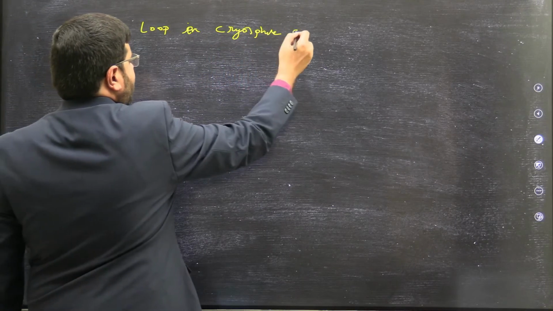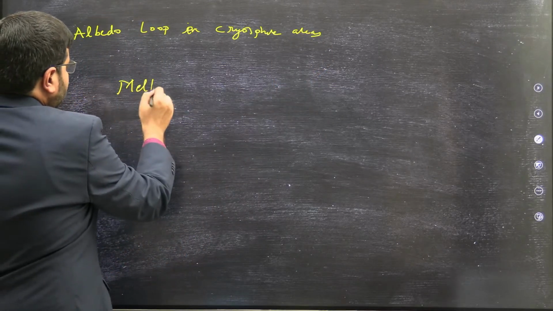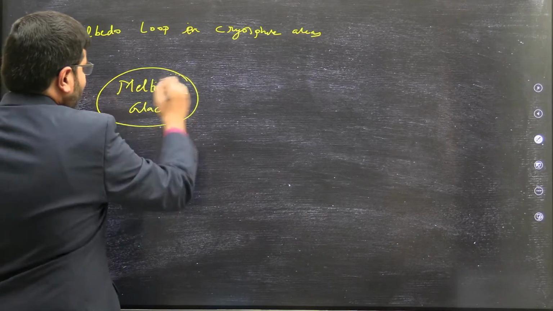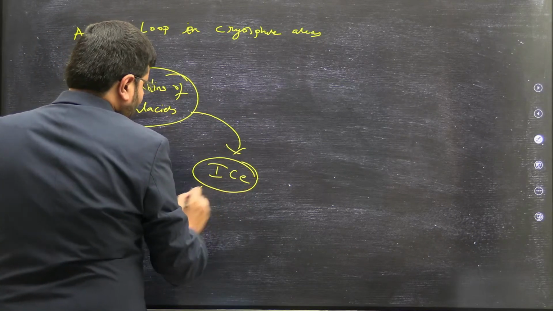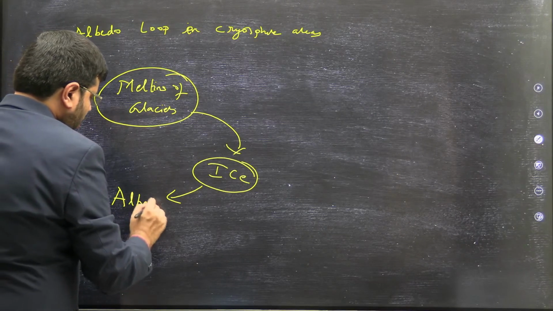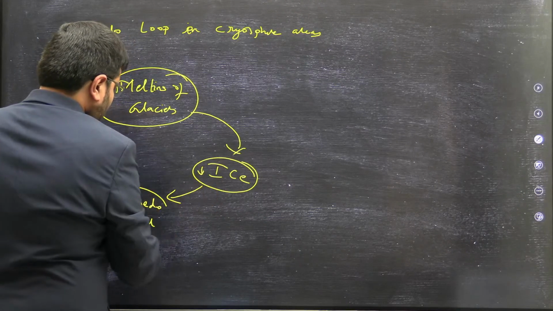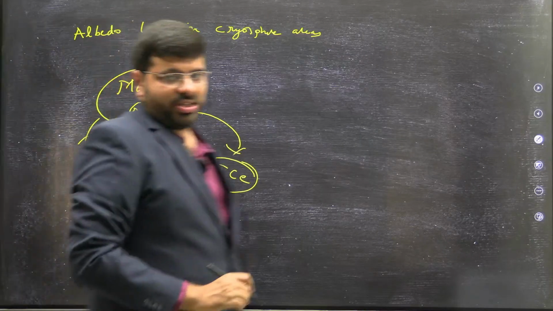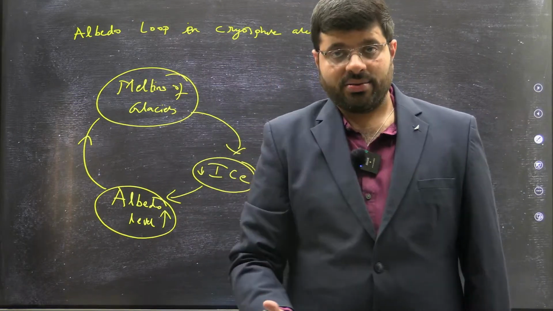Now what happens? There is melting of glaciers. Because of the melting of glaciers, there is less ice, so the albedo level will decrease. Ice will be melting, the albedo level will decrease, and that will lead to further melting of glaciers. We all know that ice reflects sunlight.